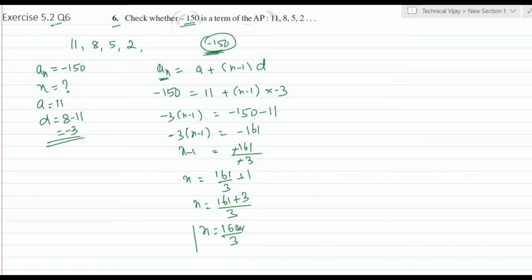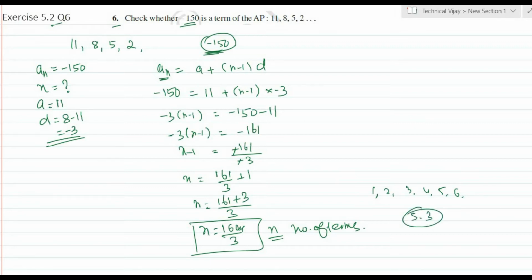Here you observe that n is the number of terms present in an AP. The number of terms, as you count, may be 1, 2, 3, 4, 5, 6, 8, 9, 10, 11, 18, 75, like this, but it can never be 5.3.